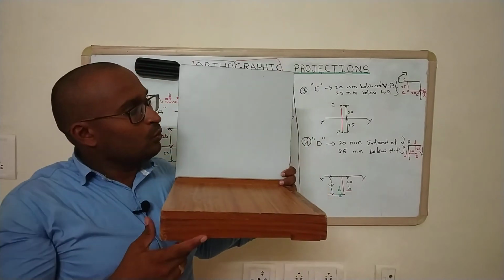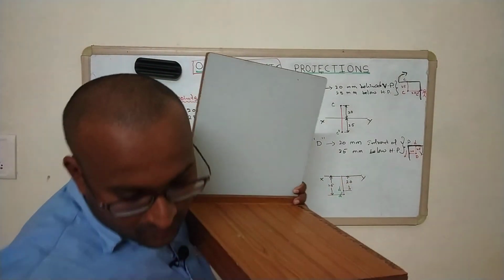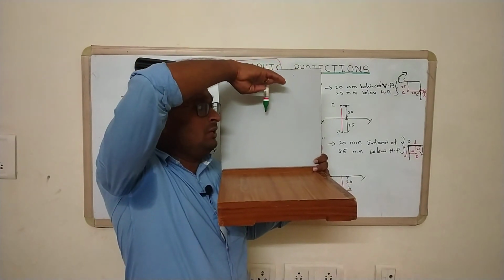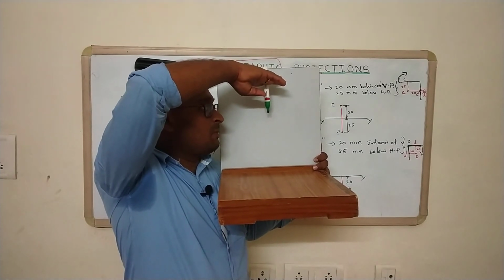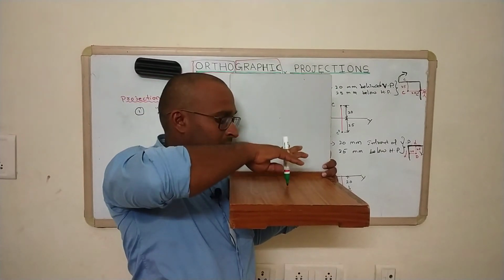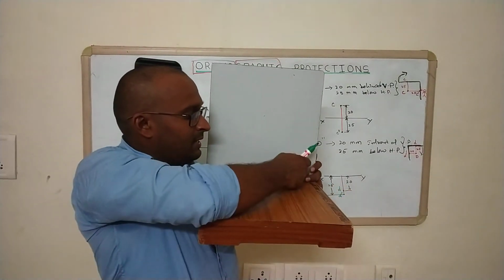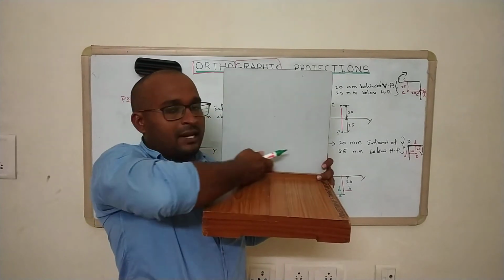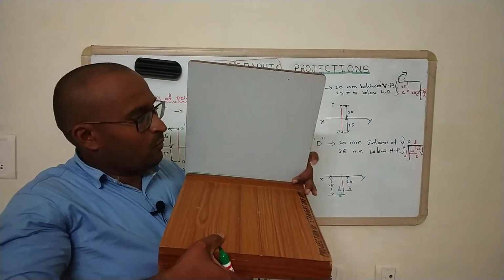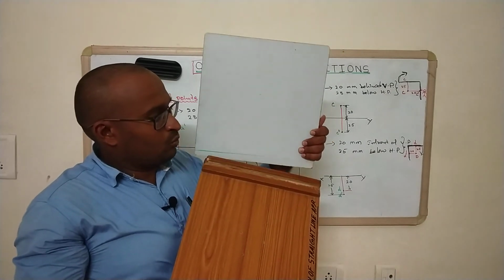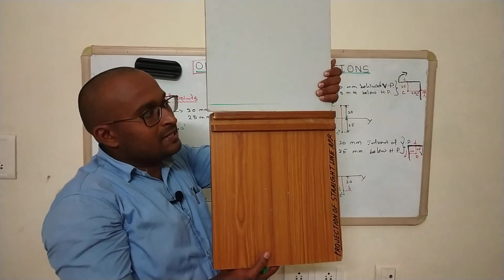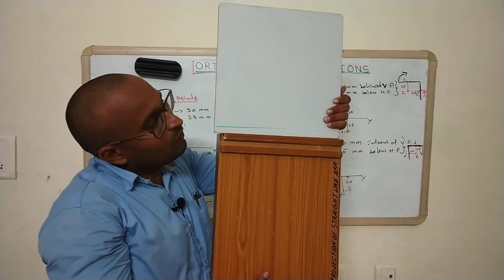Whenever we are going to project a point, say for example, if this is the point A, then that will be projected onto the vertical plane, and then onto the HP for our convenience. So here this is the line of intersection, the XY reference line. Automatically when we rotate these two upwards, that is the XY line, and here it is the horizontal plane, and here this is the vertical plane.